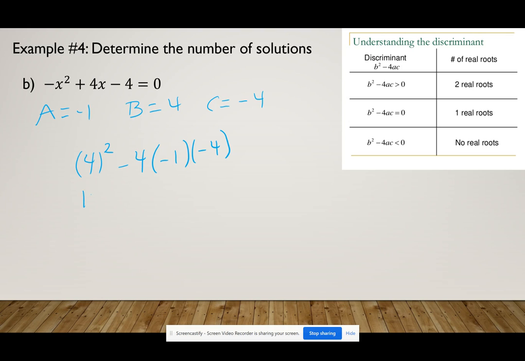Okay, 4 squared is 16. -4 times -1 is +4. +4 times -4 is -16. Oops, sorry. 16 minus 16 is 0, so it has one root or one solution.